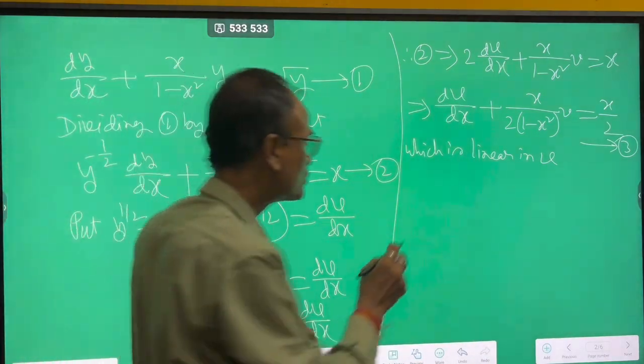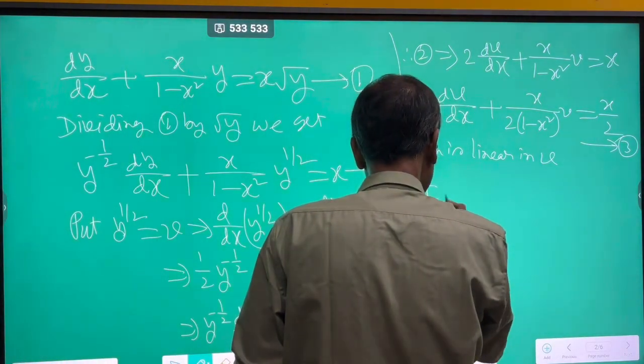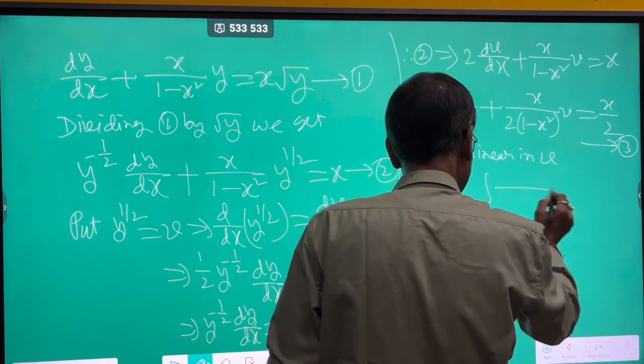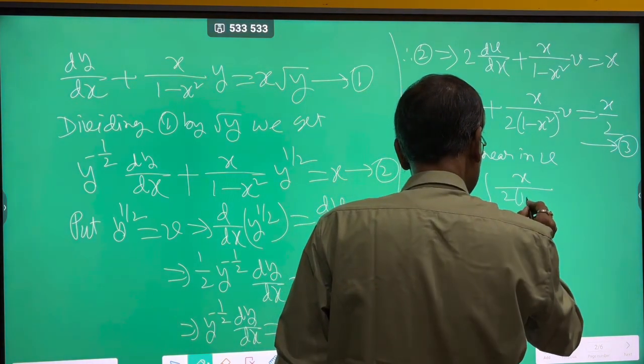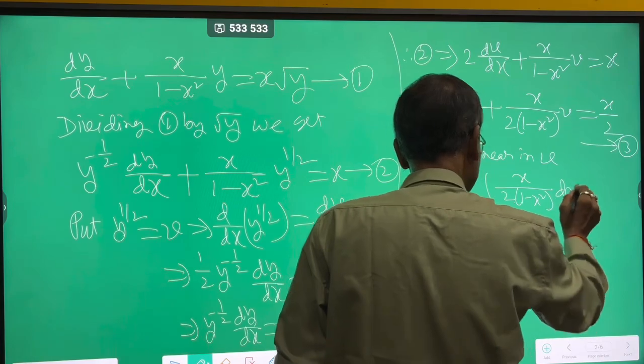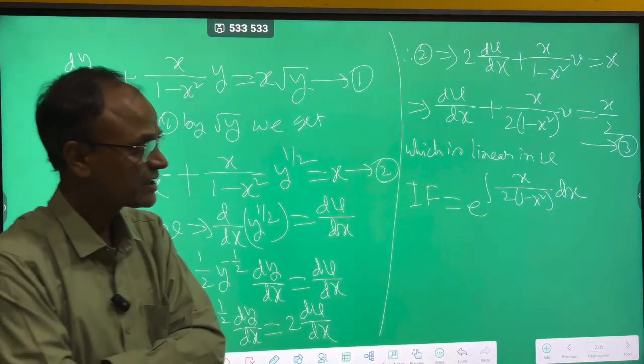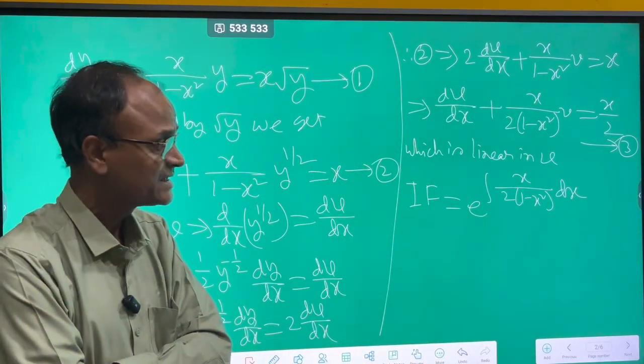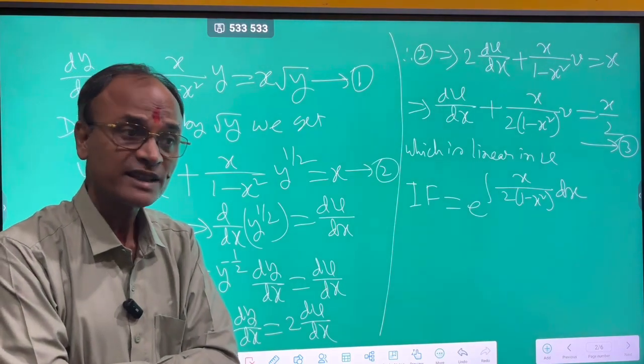Integrating factor equal to e to the power integral p dx. This is the integrating factor. Integrating factor equal to e to the power integral x divided by 2 into 1 minus x square.